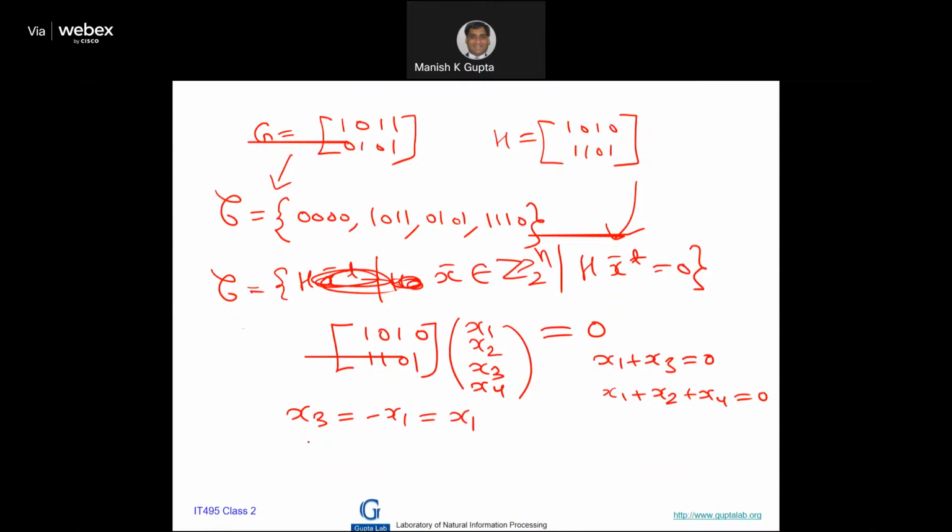What about x4? x4 is minus x1 minus x2, which is equal to, now minus x1 is obviously x1, so this is x1 plus x2. So we got x3 is like this, x4 is like this.